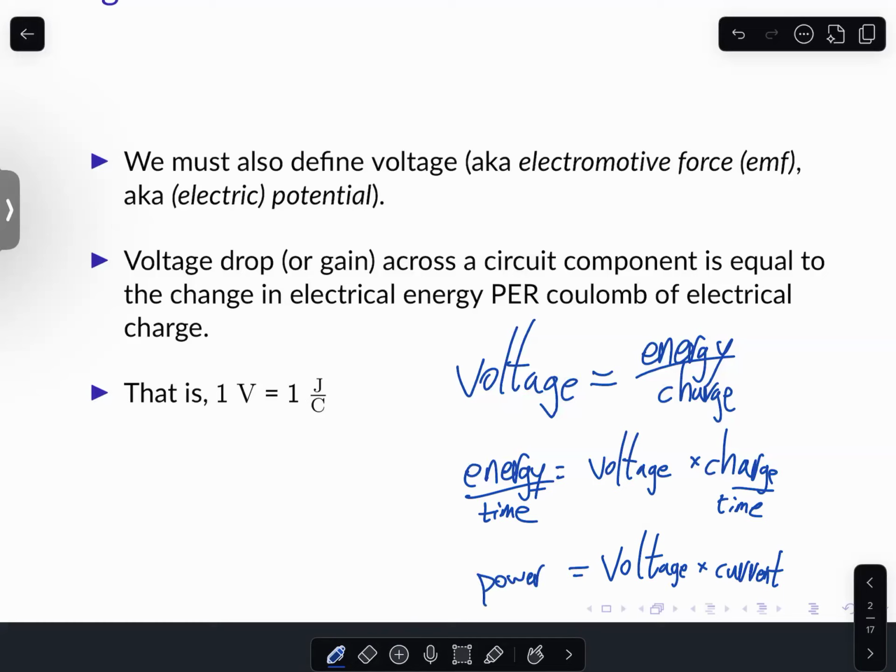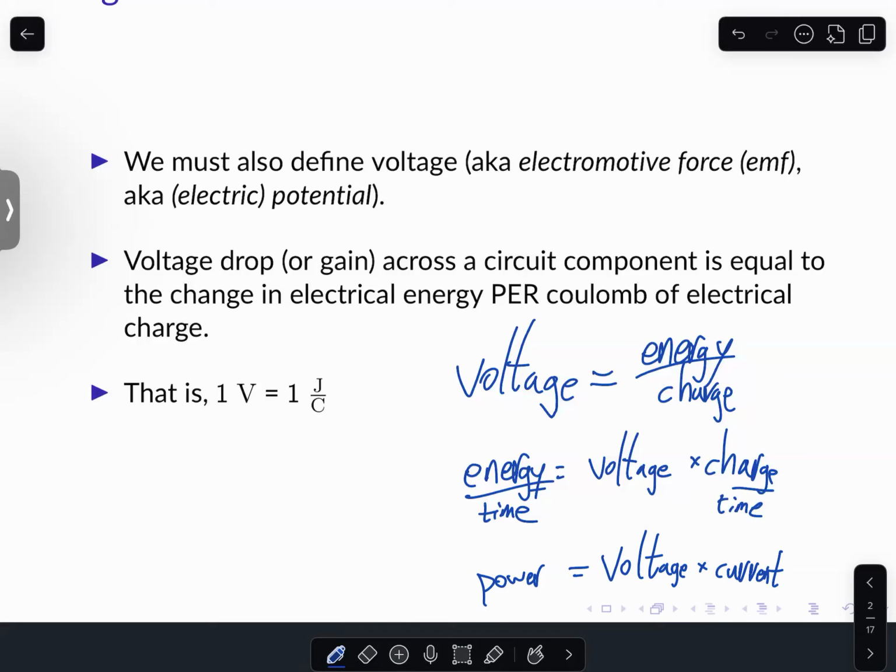From the perspective of a circuit, power is the oomph of the electricity. Power is most directly related to the loudness of a speaker, the brightness of a light, the heat dissipated by a resistor or a heating coil or whatever.